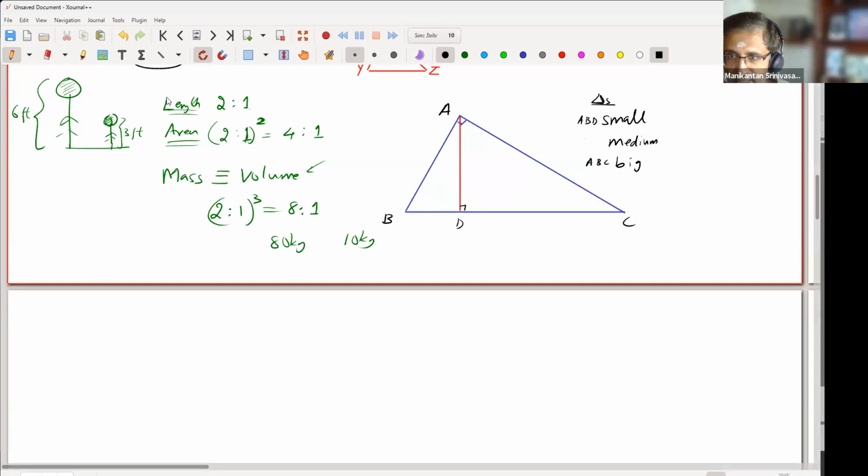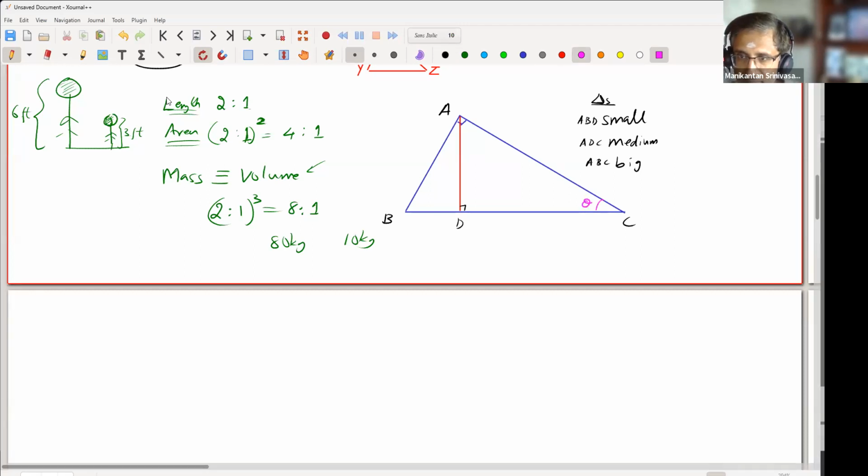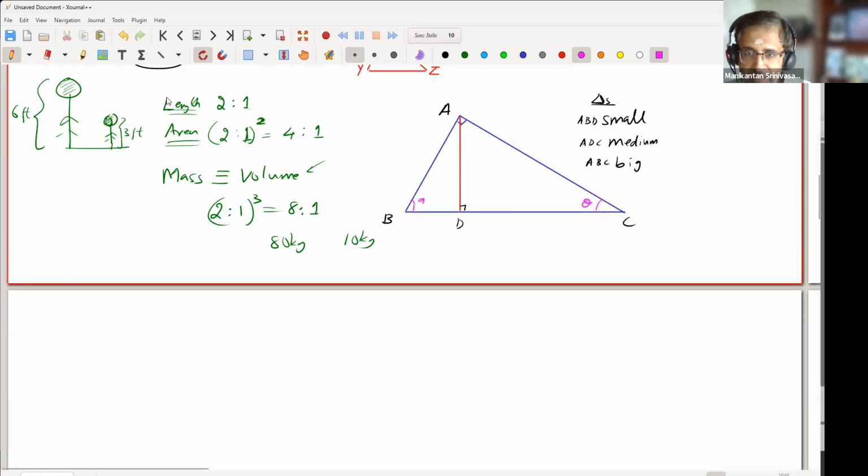And this is my medium, which is ADC. All of you can see these 3 triangles. Now, all the angles in the 3 triangles correspond to each other. What do I mean by that? So let's say this angle is theta. Okay. Then in the big triangle, because the upper angle is 90, this becomes 90 minus theta.